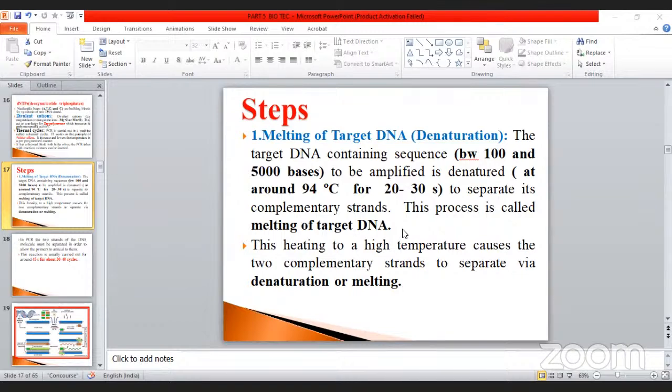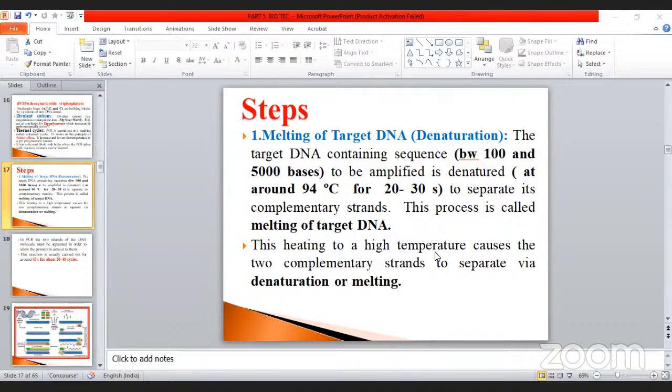First you should select the DNA molecule and split it. Then only the desired gene can be obtained. With the help of heat, how much temperature you have to give and how many base pairs there should be is also very, very important. After 20 to 30 seconds, it is enough for separation of the molecules, and by melting the target we can easily isolate it.